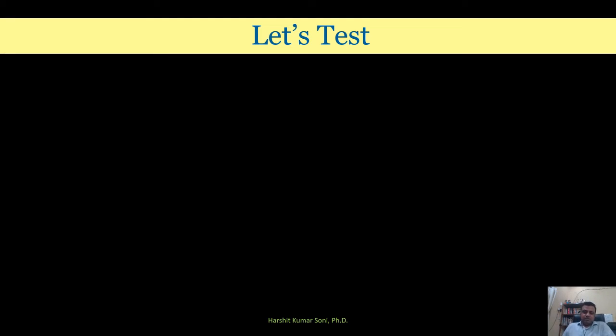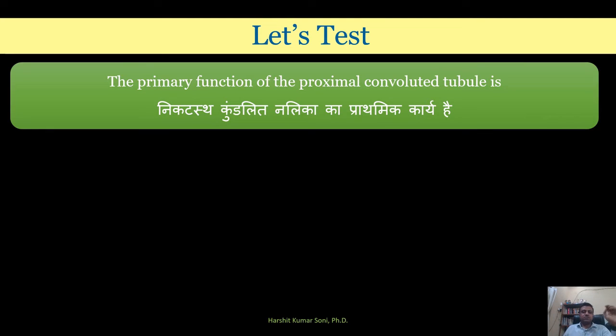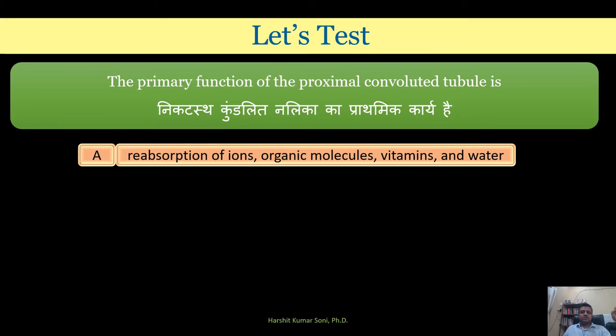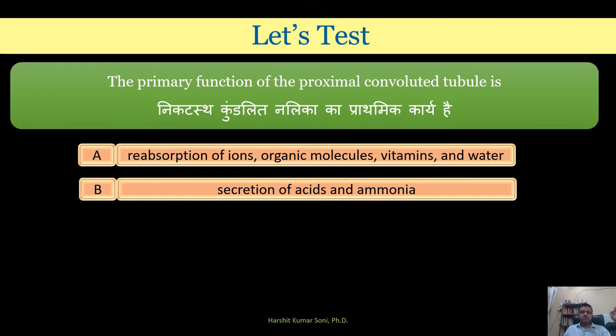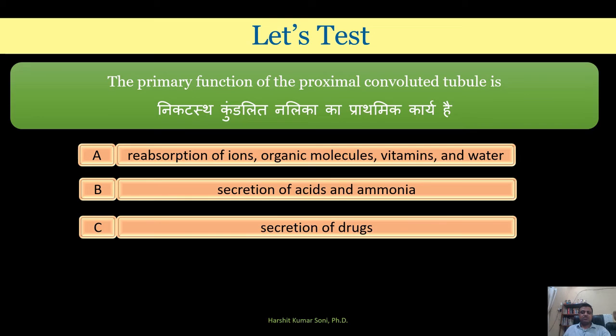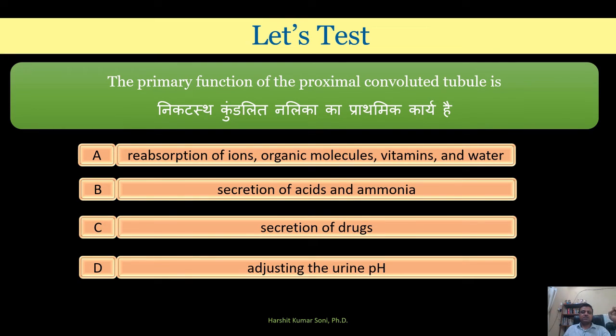Let's take one more question and then we go ahead. And the question is, what is the primary function of proximal convoluted tubule or PCT? Your options are: option A is reabsorption of ions, organic molecule, vitamins and water, or option B secretion of acid and ammonia, or C secretion of drugs, or D adjusting the urine pH.